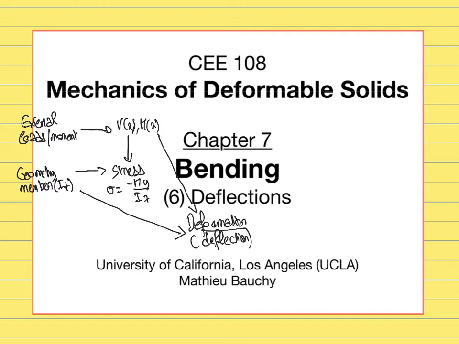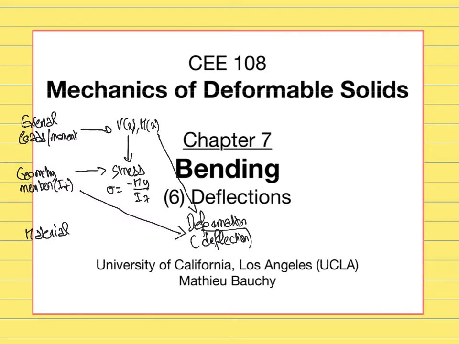But when it comes to the deformation, there's a last property that we need to know. Irrespective of the loads applied to this beam and irrespective of its geometry and moment of inertia, we need to know one last piece of information: what is the beam made of? What is the material property?